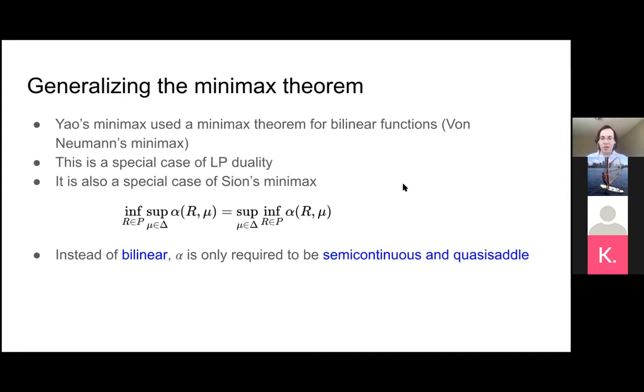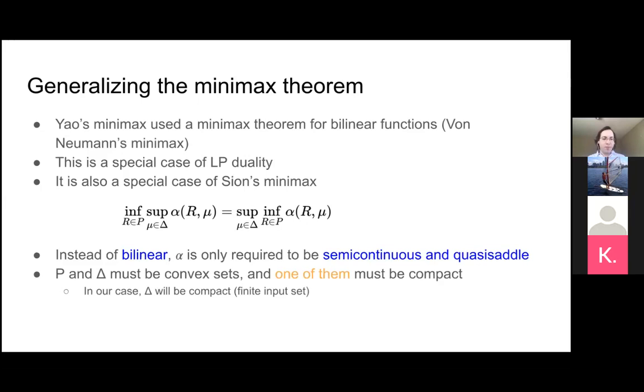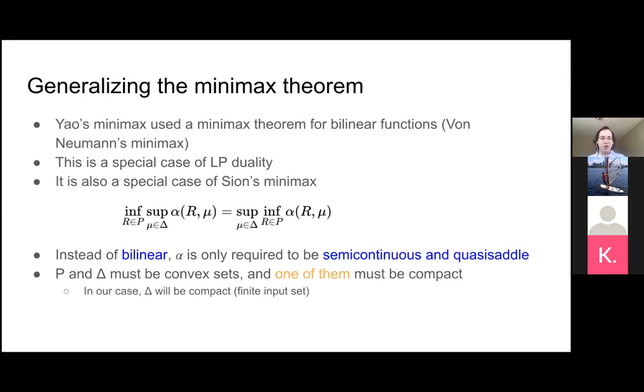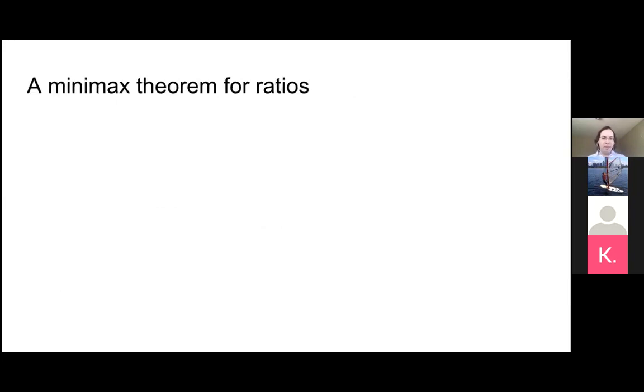I guess maybe we don't care exactly about the details of what this means. There's some continuity condition and some kind of convexity-concavity in the arguments condition. Moreover, one of the two sets, the one over which you're maximizing, has to be compact, but not both necessarily. In our case, we have finite input sets, so that's easy. The distributions over those inputs will always be compact.